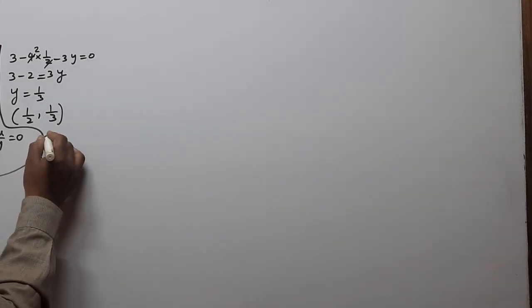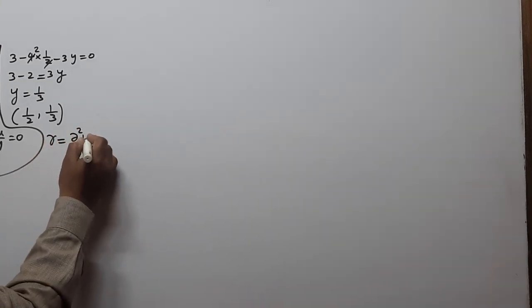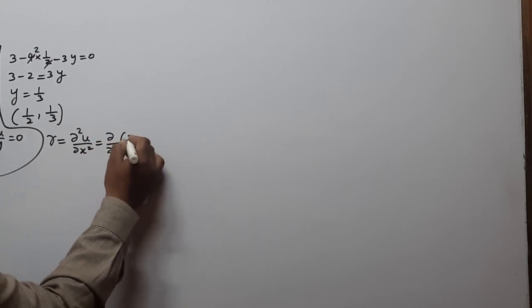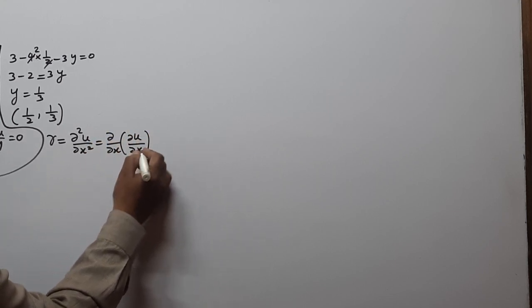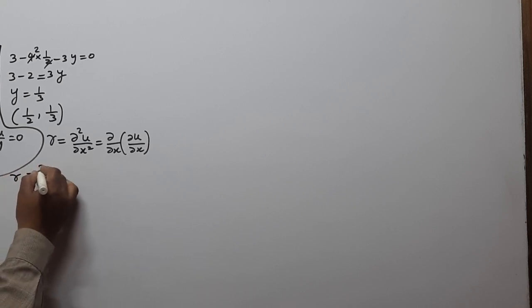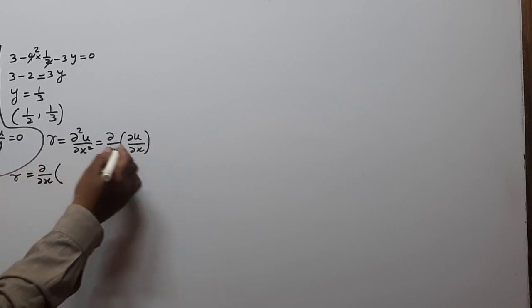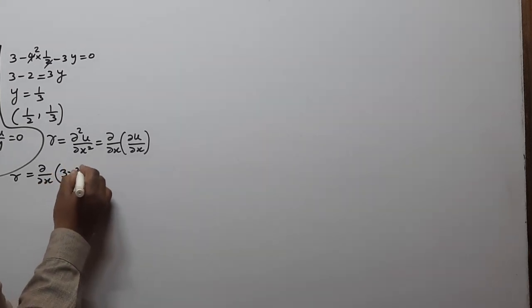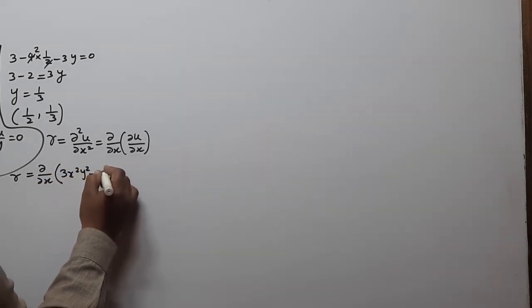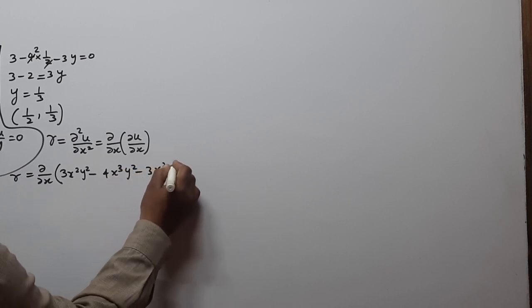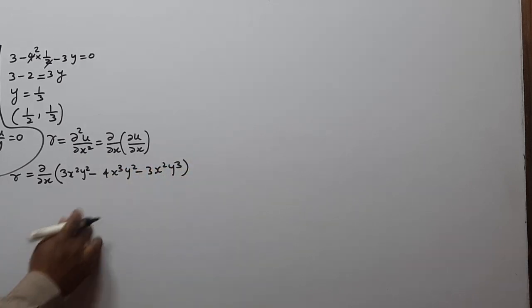So first we find here r, this is equal to del 2u by del x2, and this can be written as del by del x of del u upon del x. So this is equal to del by del x, and you can see here del u upon del x is 3x square y square minus 4x cube y square minus 3x square y cube.